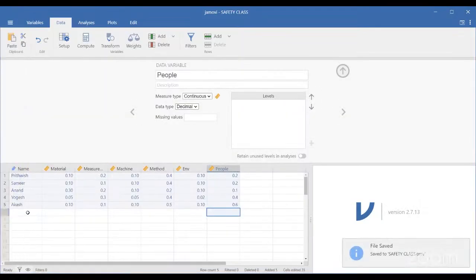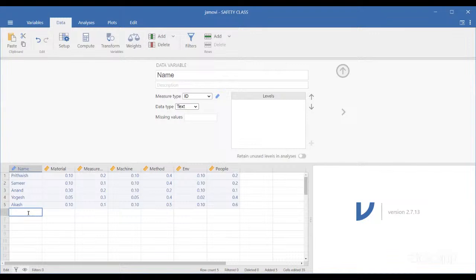Who is the next? Sejal. Sejal, please check whether you are writing correctly or not.